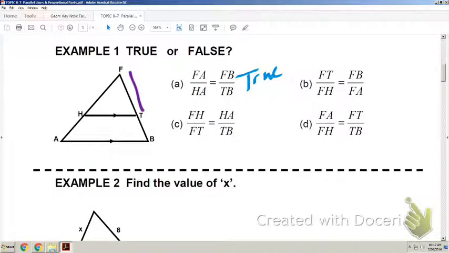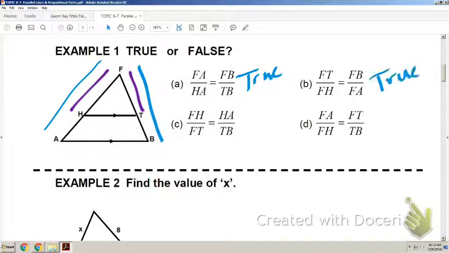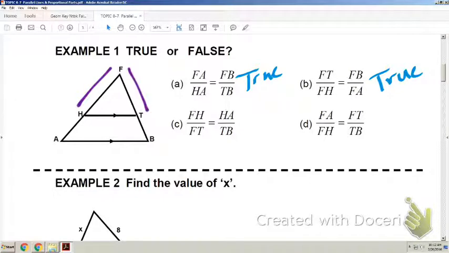FT over FH equals FB over FA. Again, that's set up the same, so that one is true. Okay, part C, FH over FT equals HA over TB. Set up the same, so that's true.